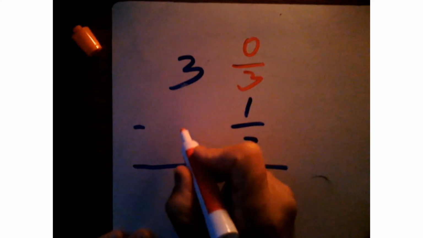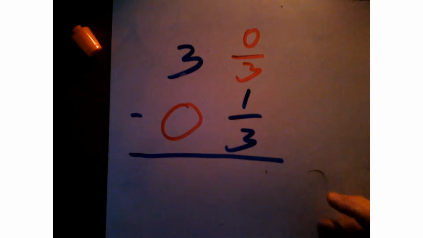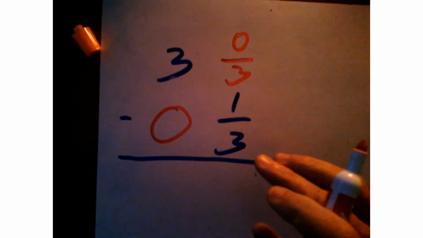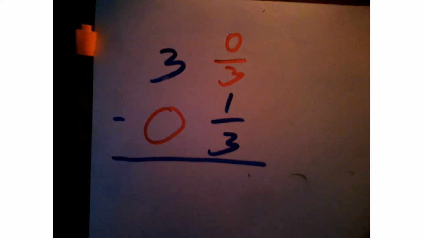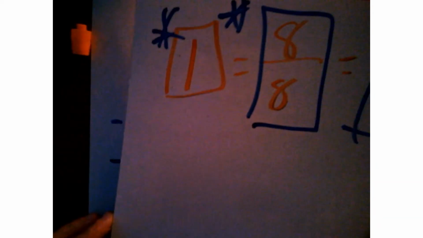Now I have a mixed number. I'll make this a mixed number also by making it 0. I didn't change the value of anything. All I did was add some information. Now it's still a bad problem. I'm going to change it to a good problem by borrowing. That's pretty easy. I'm going to change a 3 into a 2. And remember back here, I borrowed a number 1.